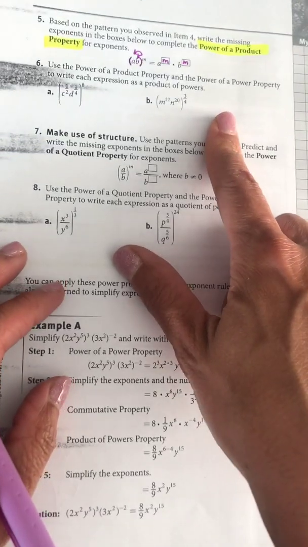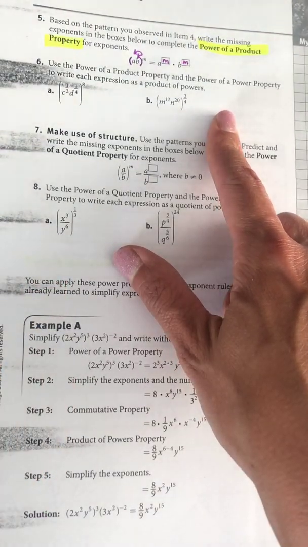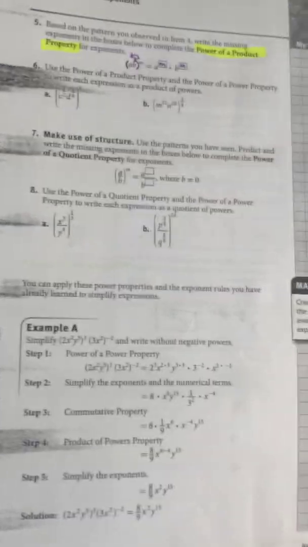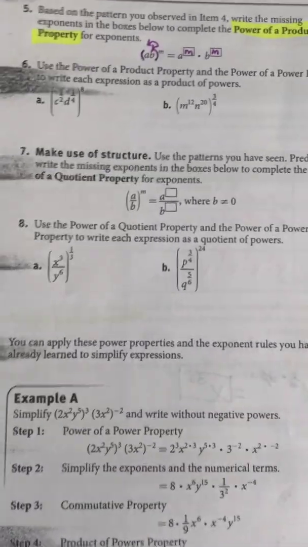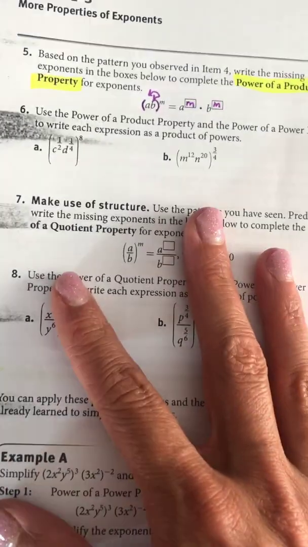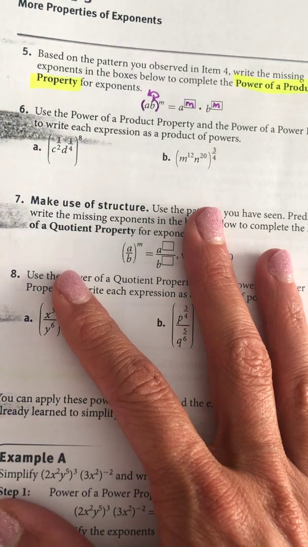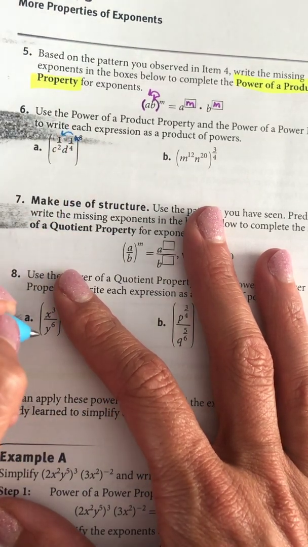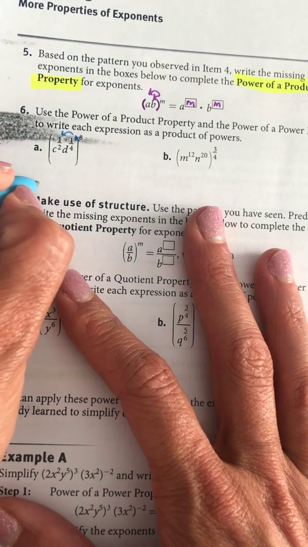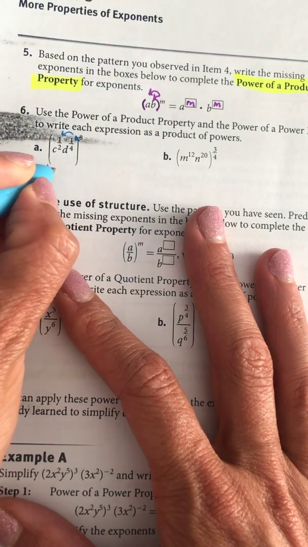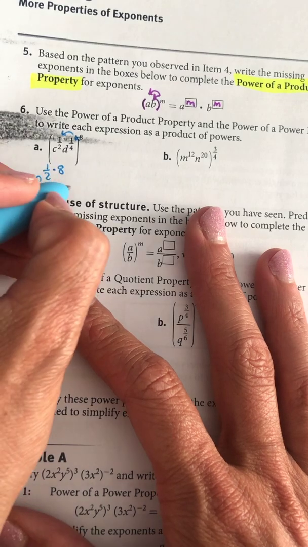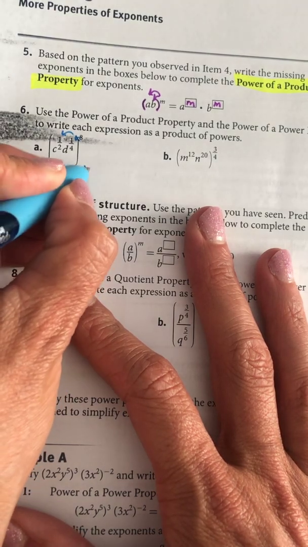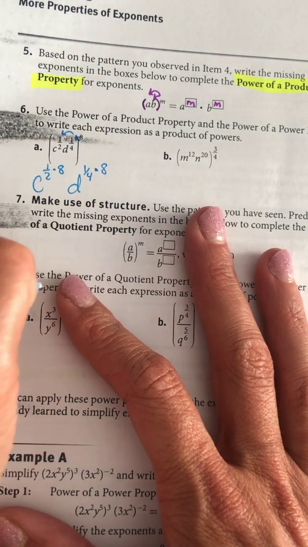Okay. Use power of a product property and power of a power property to write each expression as a product of powers. Okay, so let's zoom in here. We need to distribute that power of 8 to both terms in here. So that'll become c to the 1/2 times 8, d to the 1/4 times 8.